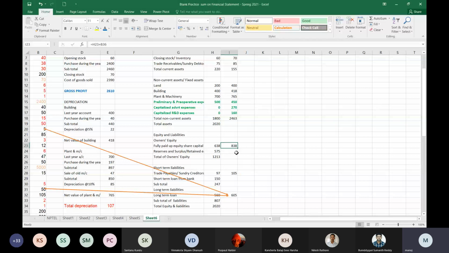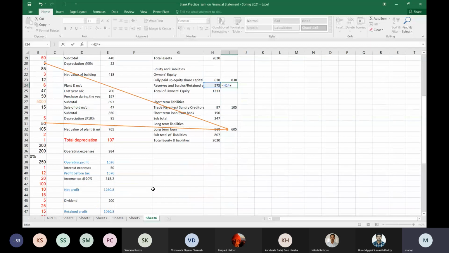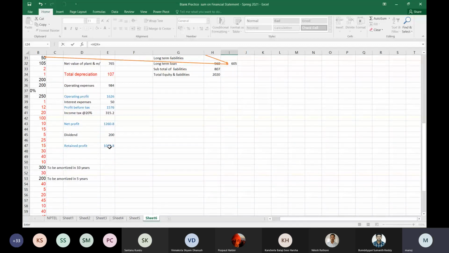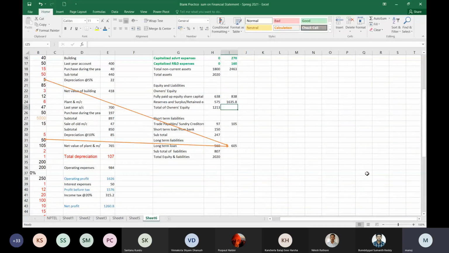The equity, reserves and surplus should be equal to, as you remember, previous year's reserves and surplus plus retained profit. Add them up and we get this. So total owner's equity is this plus this, meaning equity capital and reserves and surplus. So this is also done.